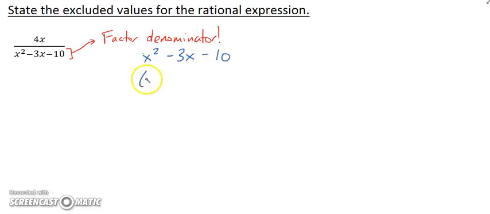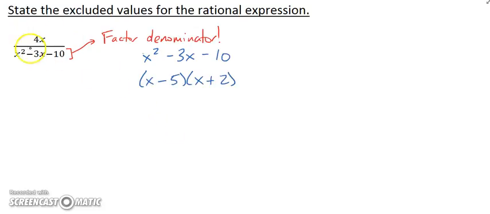And I think those numbers are negative 5 and positive 2? Yeah, I think that works. And a quick check on double distribute: x squared minus 5x plus 2x is negative 3x, and then minus 10. Yeah, that works. Good.